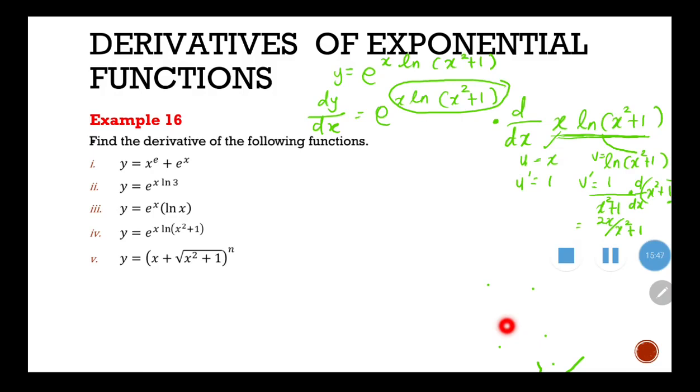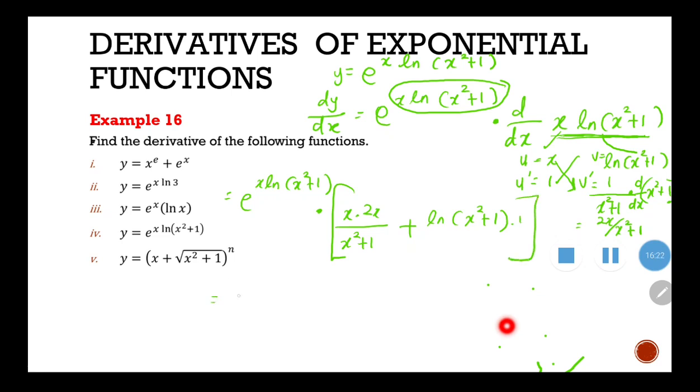Now we have solved this part here. I'm going to write it back. e to the power of x ln(x square plus 1) times uv', which is x, times 2x over x square plus 1, plus vu', which is ln(x square plus 1) times 1.